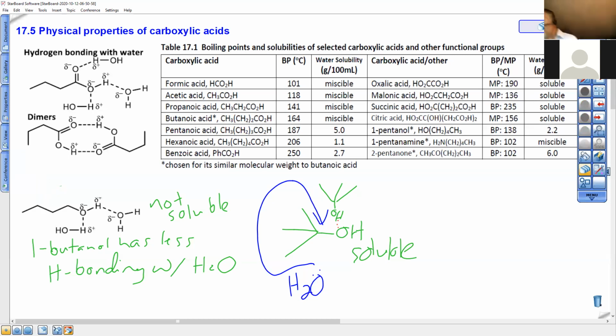Once you get to 5 carbons, though, it's a little dicey. That number is pretty close to 0. Hexanoic acid, even lower. Benzoic acid's in the same ballpark. That's 7 carbons in there if you're counting. And what about oxalic? It's a ratio of 2 to 2 OHs, there's 2.